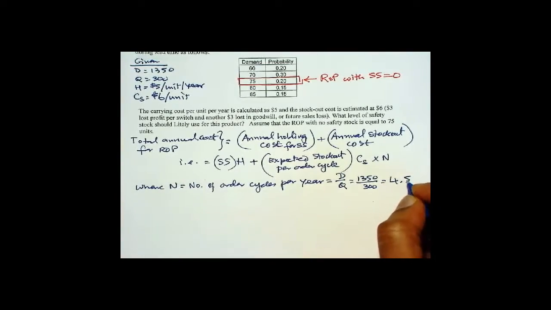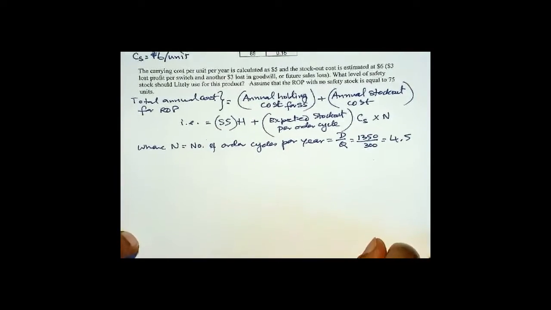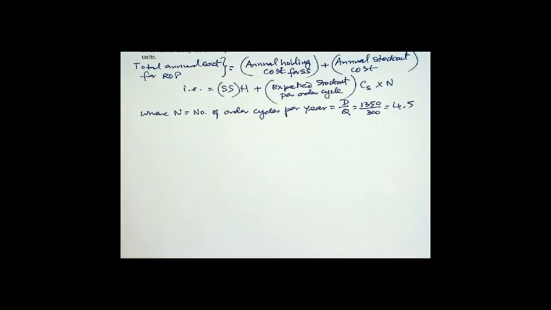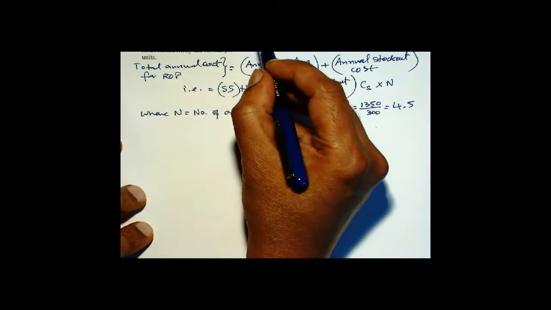Don't round this because this is on average. We have 4.5 order cycles per year. Now we're going to calculate this cost for each of the three cases.